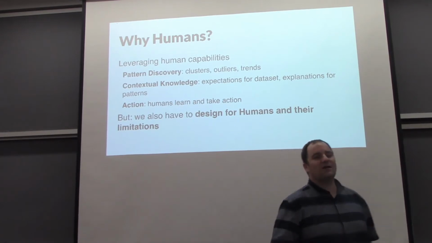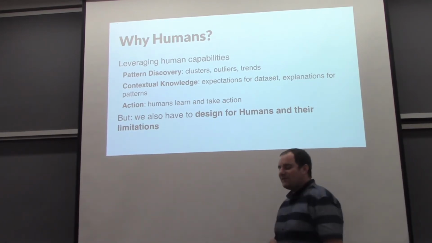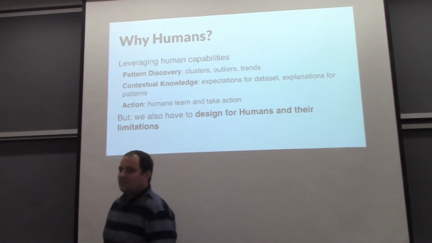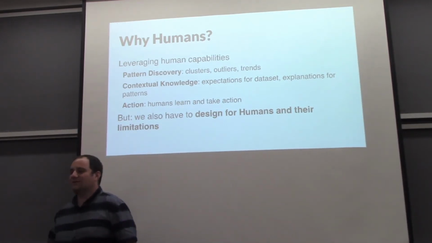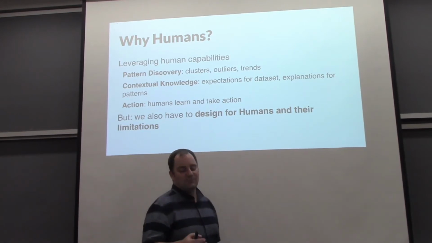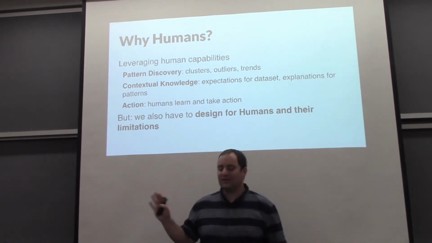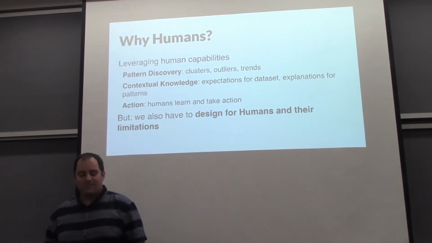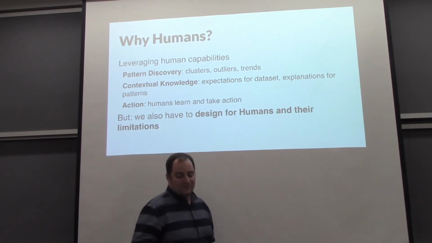If we see a data set plotted in a good way, we can see clusters, outliers, and trends. No clustering algorithm is a match for what we can see in a data set if it's suitable. Of course, high-dimensional data can be a problem, but we are really good at spotting patterns, clusters, outliers, and trends.